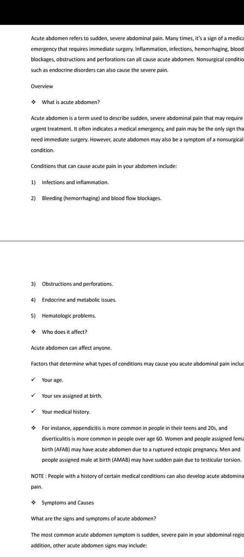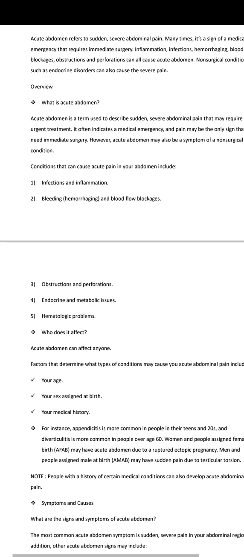All organs which are found in the abdomen are called visceral organs. The cause can also be obstructions or perforations. Then there can also be pain due to hematologic problems, which simply means blood disorders, the blood problems.